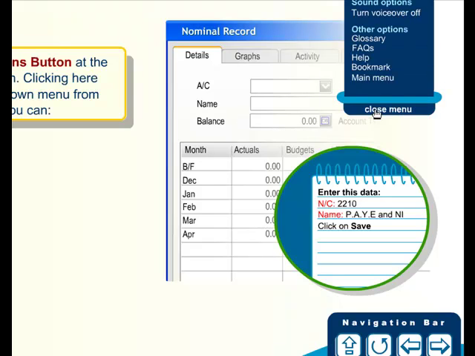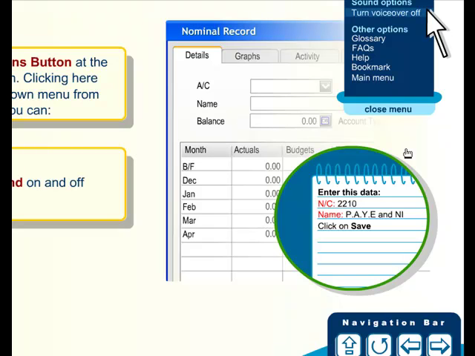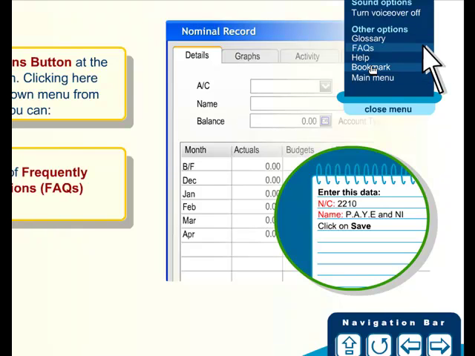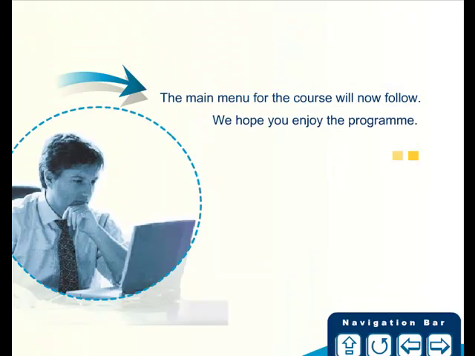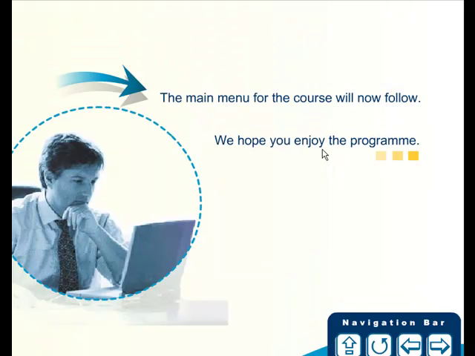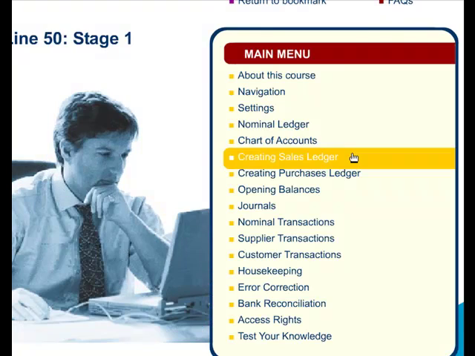Clicking here reveals a drop-down menu from which you can turn the sound on and off, go to the glossary of accounting terms, go to the list of frequently asked questions, FAQs. Open the help file which describes the course. The course will now follow. We hope you enjoy the program.